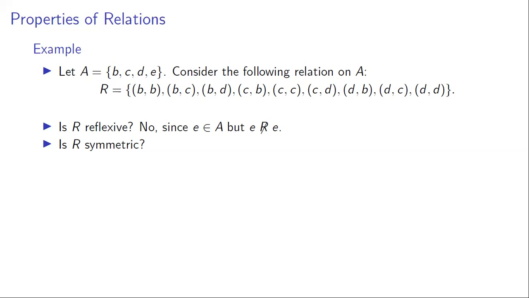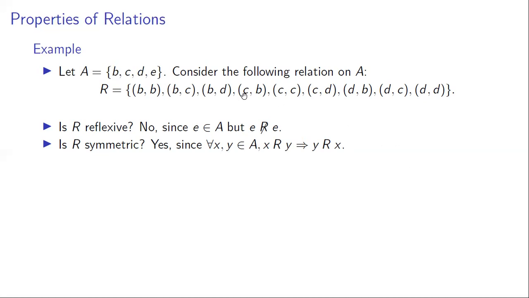Okay, is this relation symmetric? Now this is hard to see, and soon I'll show you an easier way, but we're going to first show you the trickier way. I claim that it is symmetric, since for all x and y that are elements of A, if x is related to y, then y is related to x.